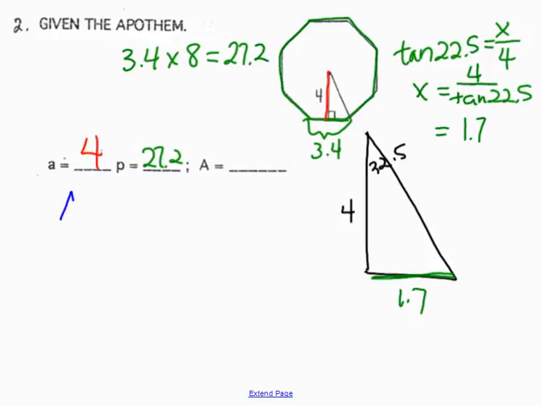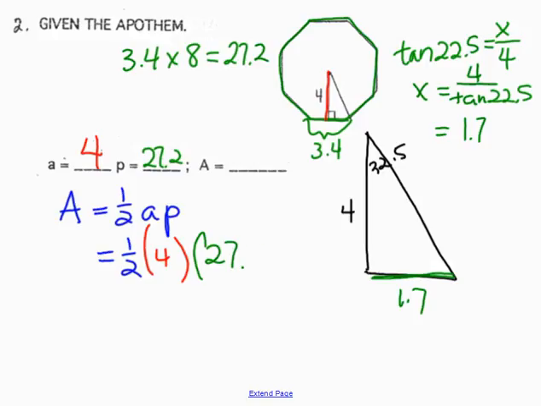So the area is 1/2 of the apothem times the perimeter. And when we do all that math, we end up with 54.4 units squared.